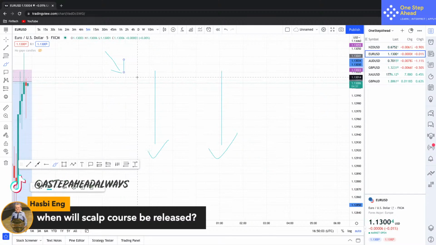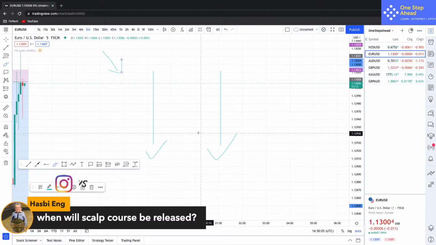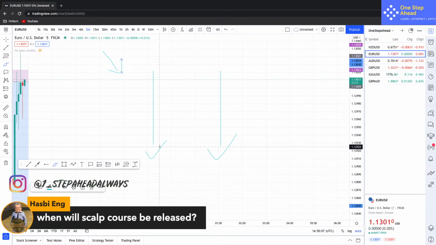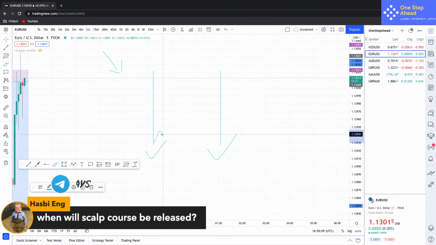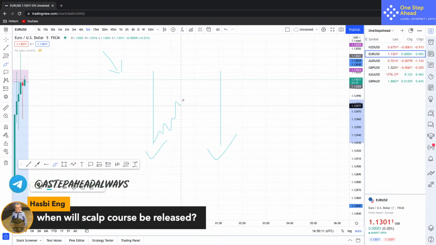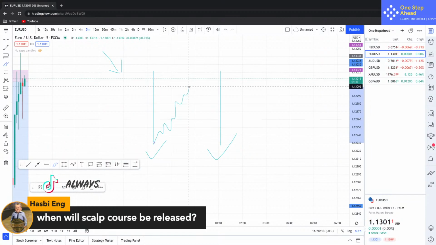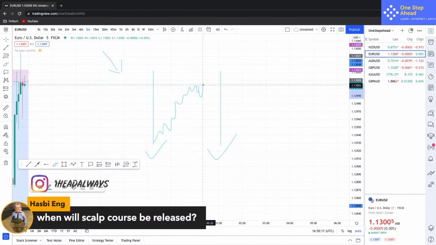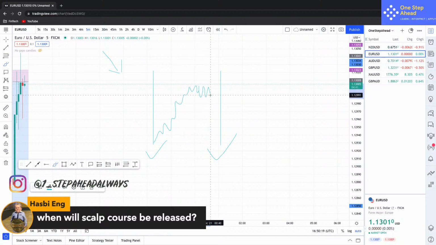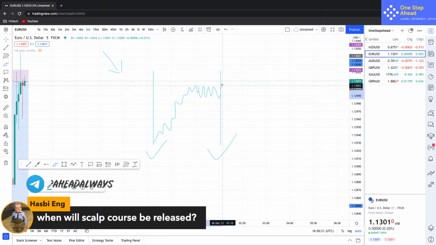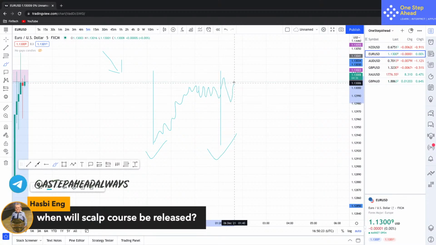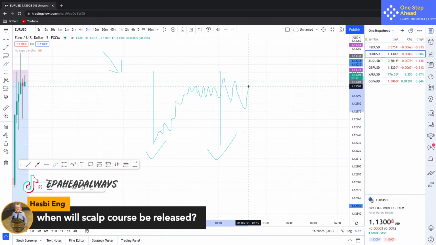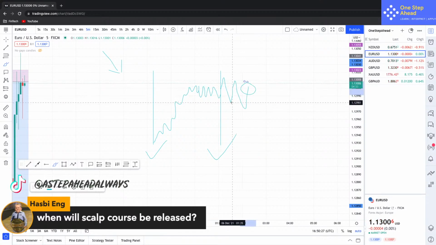So we need to look for an excuse to go short during this time. For example, Asia is bullish and ranging like this, and London opens here. If you see one break, mitigation, second break, you can take a trade from here for a scalp.